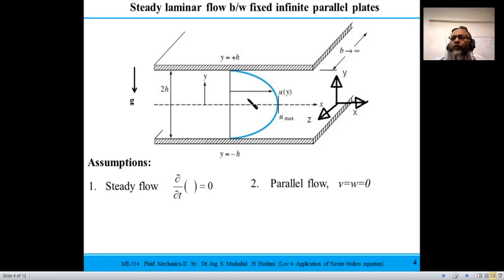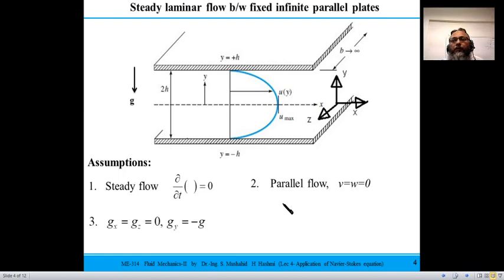Similarly, the fluid is not coming out in the z direction. So the velocity components v and w, in the y and z directions, are taken to be 0. The fluid is only flowing in the x direction between the two plates. This is our second assumption.